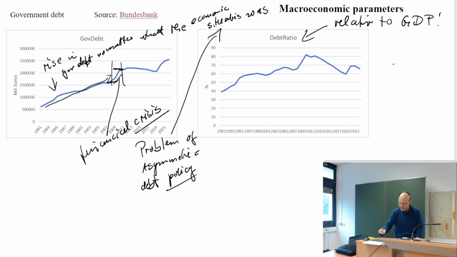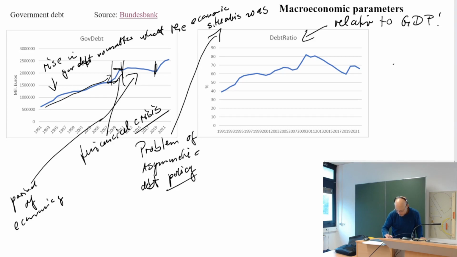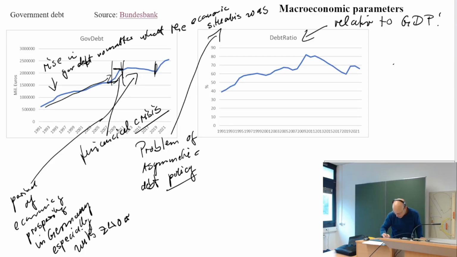But what we then see after the financial crisis, this was a period of economic prosperity in Germany, especially with zero or negative interest rates.